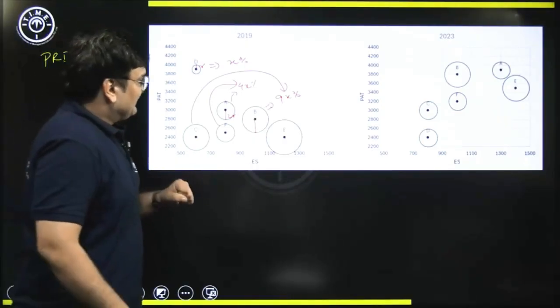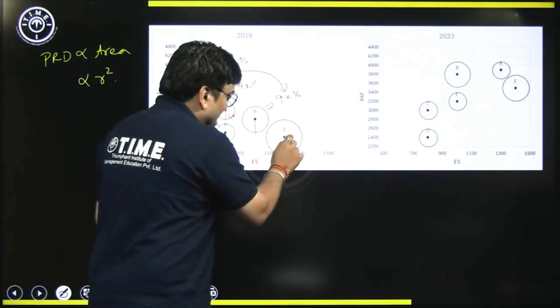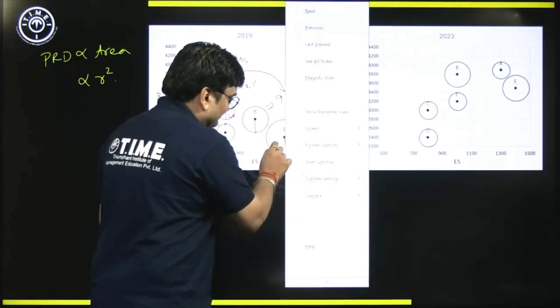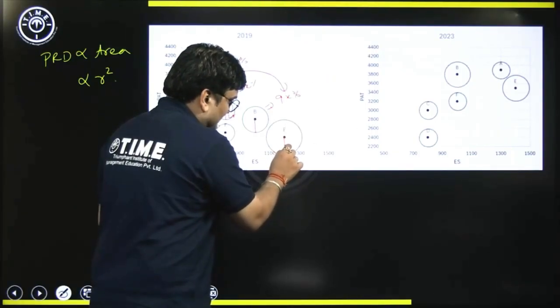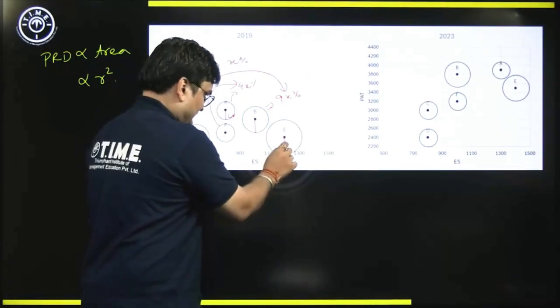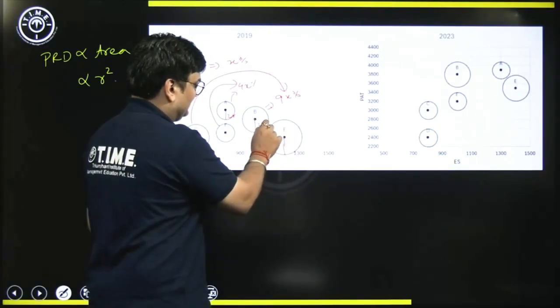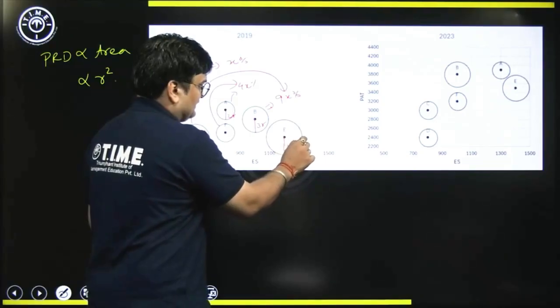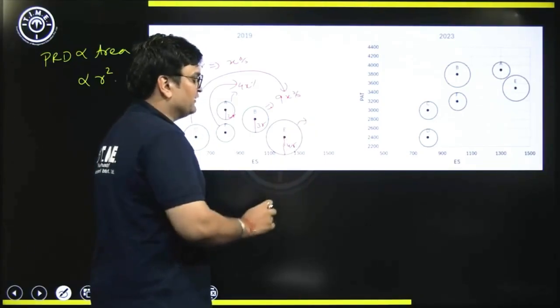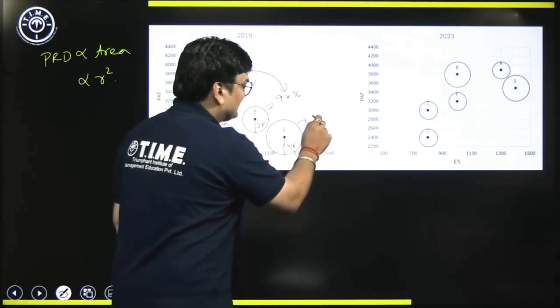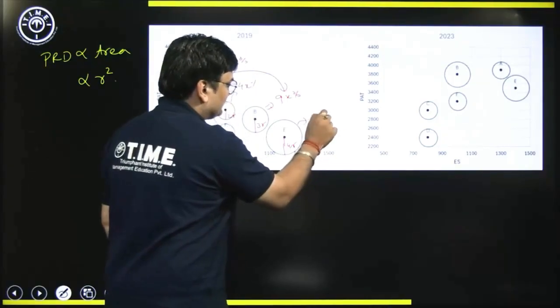Now come to E. If you look at E, the radius will be 2R and again 2R. So overall it is 4R. This was 3R, this is 4R. So the PRD value for E will be 4 square, that is 16 times, so 16x percent.